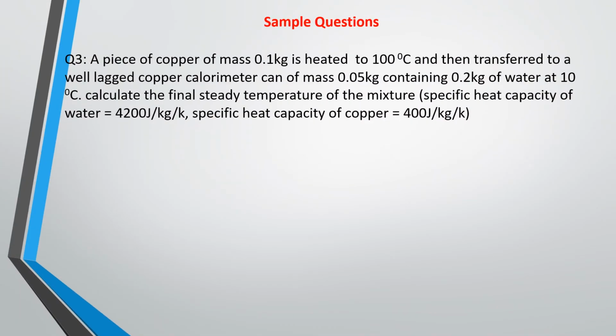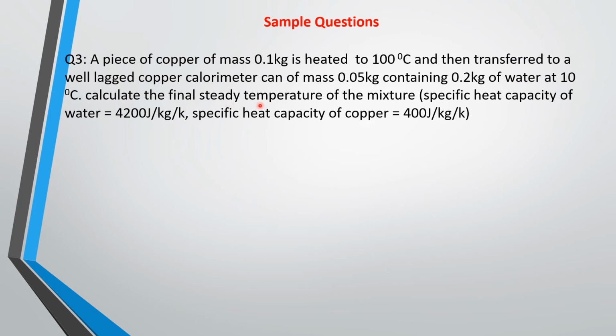Okay, so this is another question that we need to solve, and this one has to do with the calorimeter. It says a piece of copper of mass 0.1 kg is heated to 100 degrees centigrade and then transferred to a well-lagged copper calorimeter can of mass 0.05 kg containing 0.25 kg of water at 10 degrees centigrade.